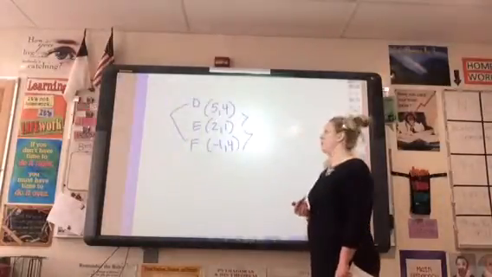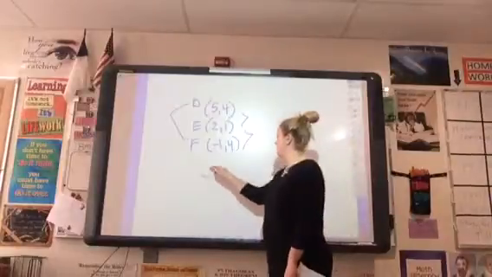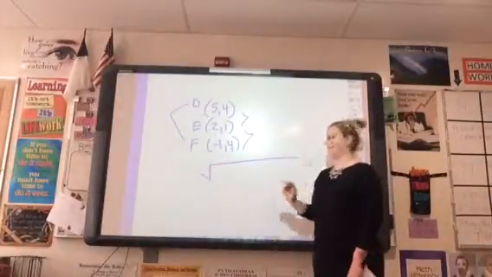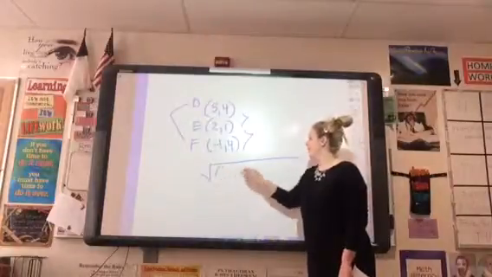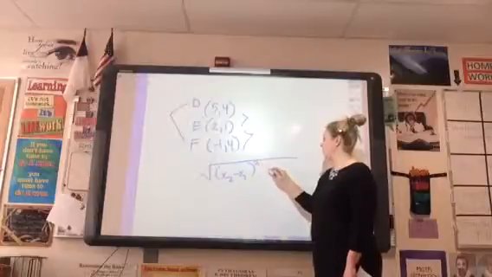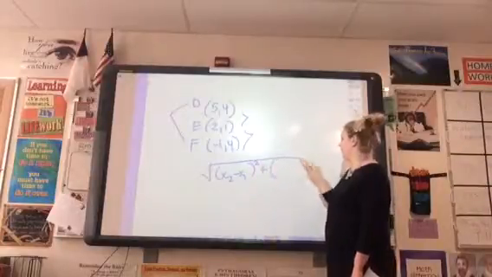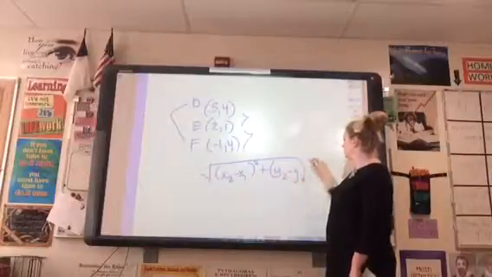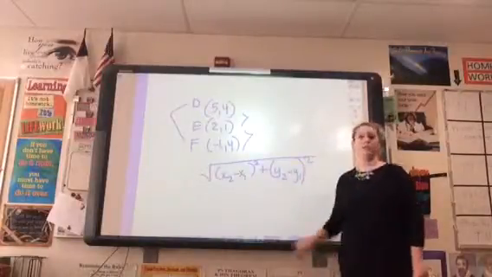Those are going to be my 3 different distances. Now, how do we do the distance formula? Anybody? X2 minus X1, our x coordinates, squared, plus Y2 minus Y1, our y coordinates subtracted, squared. You need to know this.